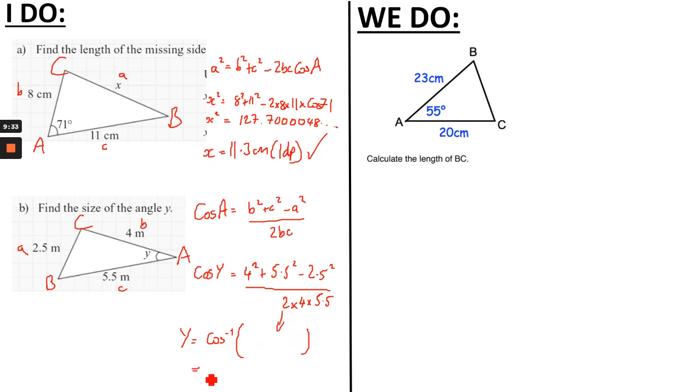If you type that into your calculator exactly as it's written, 4 squared plus 5.5 squared minus 2.5 squared, all divided by 2 times 4 times 5.5, you should get that angle y being 24.6 degrees to 1 decimal place. And then you can check. Even if the diagram's not drawn to scale, it's a sensible angle to have.